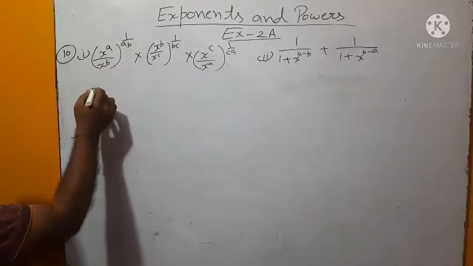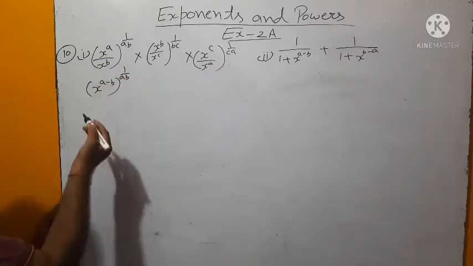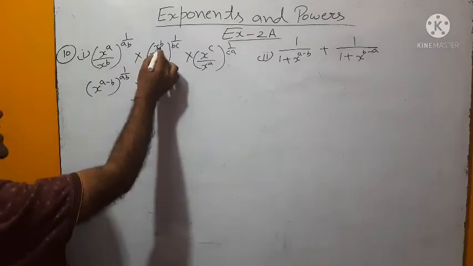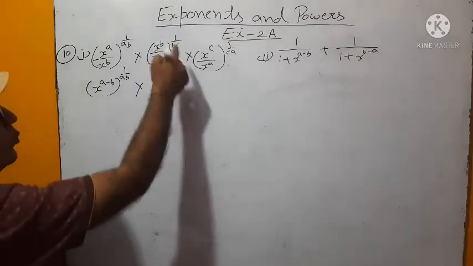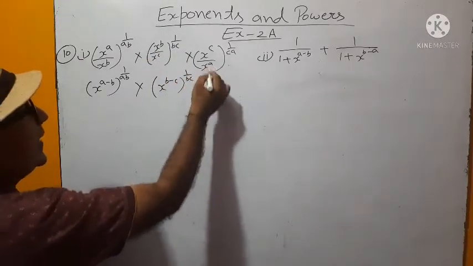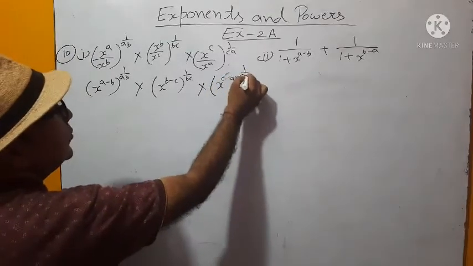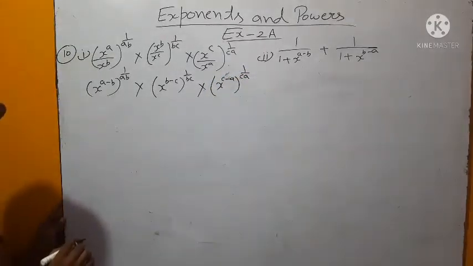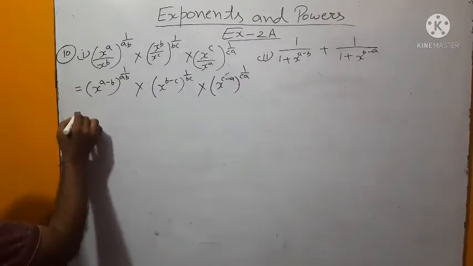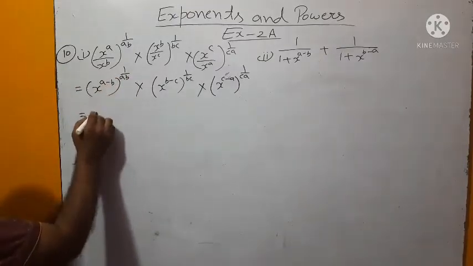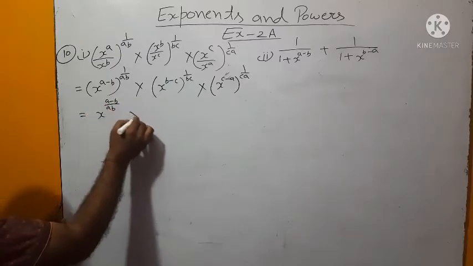x power a upon x power b means x power a minus b, whole power we will write as it is. Here x power b upon x power c can be written as x power b minus c, and whole power we will copy it. Here x power c minus a, whole power 1 upon ca. Okay, this is the exponential law I am applying here. Now after this, exponents over exponents are multiplied, so it will become a minus b upon ab.